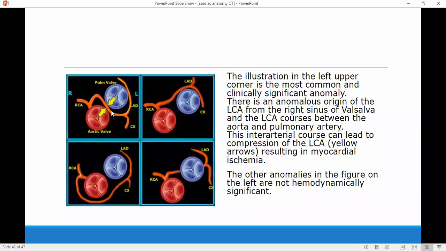This interarterial course can lead to compression of the LCA, resulting in myocardial ischemia. The other anomalies in the figure on the left are not hemodynamically significant because they are not in between the great arteries and cause no compression on them.